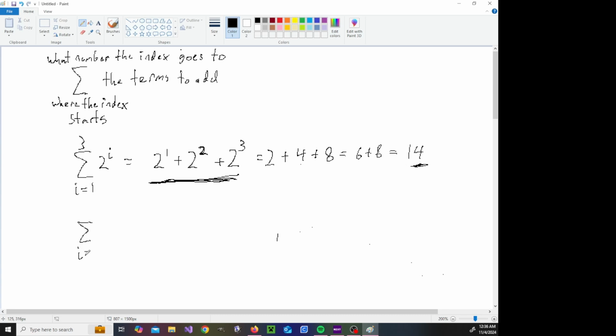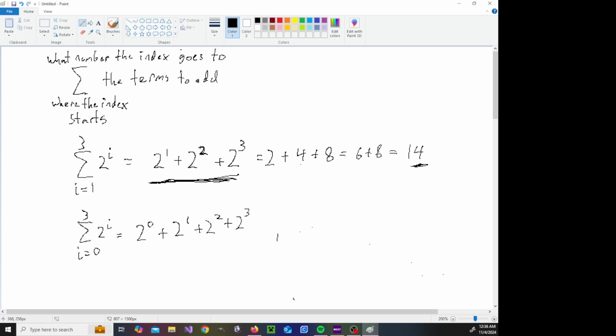Now, similarly, I could have instead had my index start at 0 and then done 2^i and gone up to 3. Well, now my index starts at 0, so the first term is 2 to the 0th power, and then 2 to the first, 2 to the second, and 2 to the third.